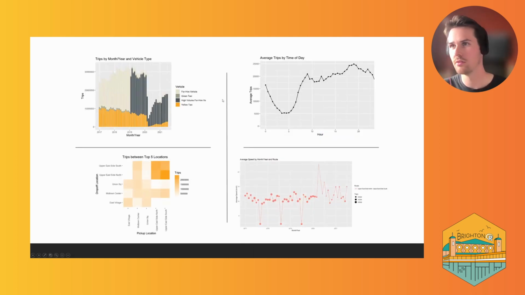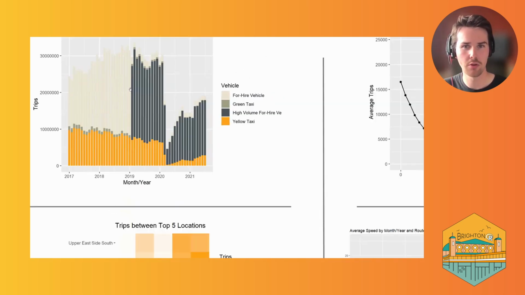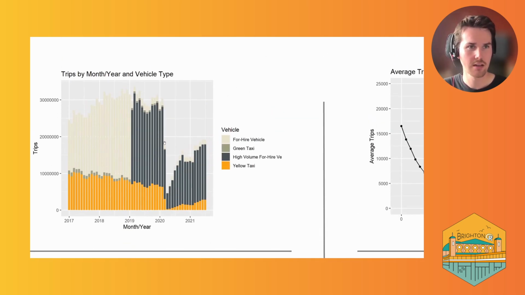So these are an example of a few of the more common visuals, but the one that I think everyone finds the most interesting really is this one, which shows the number of taxi trips made by vehicle type each month. You can see it's pretty consistent, and then all of a sudden COVID-19 happens and it plummets. But you can see that it's slowly been increasing, and in a minute I'll actually show an updated version where you can see it's increased even further.